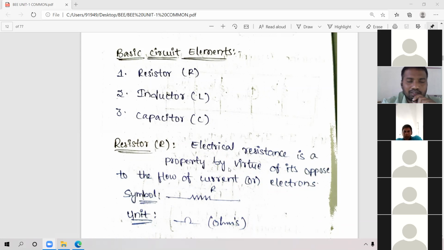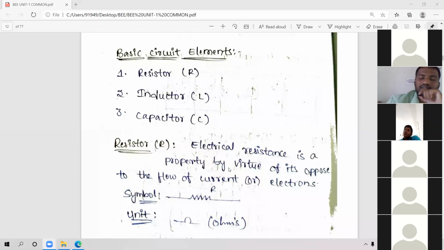The basic element resistor, we have already finished with Ohm's law. What is meant by resistor? Resistance is the property which opposes the flow of current or electrons.